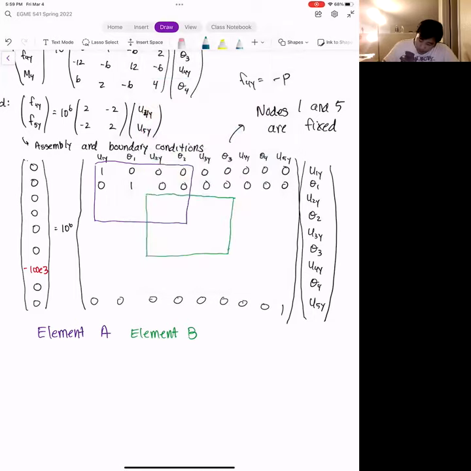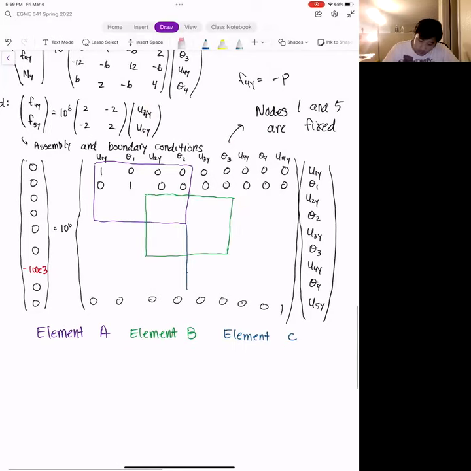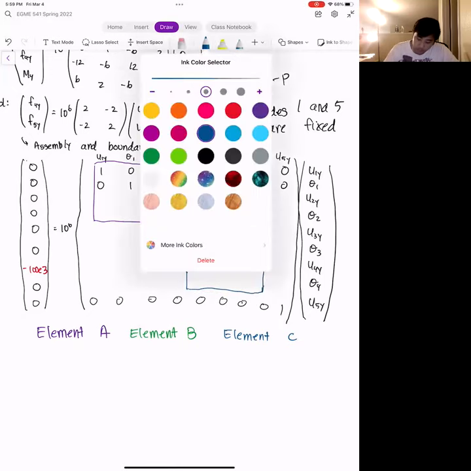All right, next we have element C. Element C is nodes 3 and 4. And then for element D, I'm going to use orange.